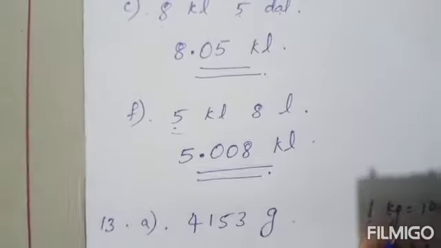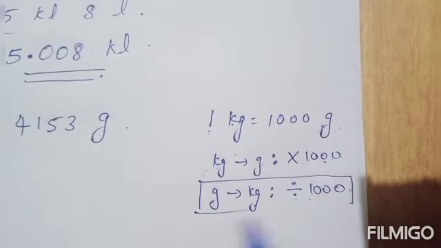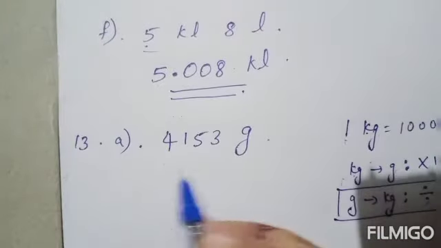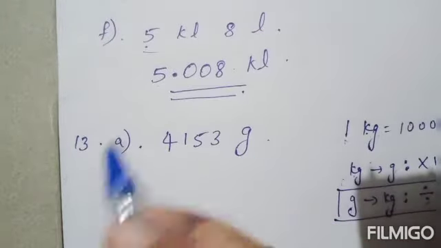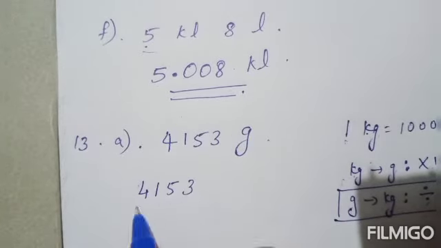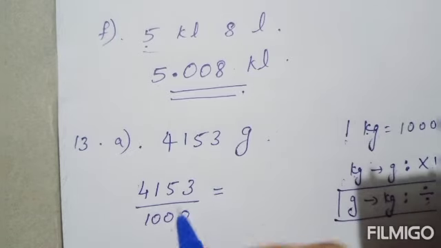Here you have to convert gram to kilogram. The question is given in gram and you have to convert to kilogram, so divide by 1000. So 4153 gram, divide 4153 by 1000. What will you get?